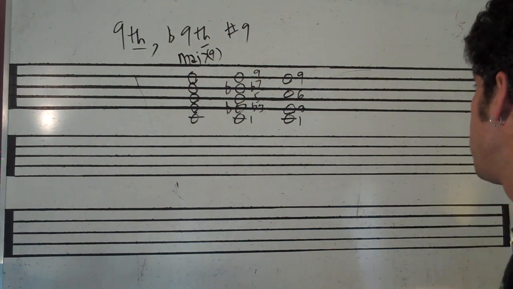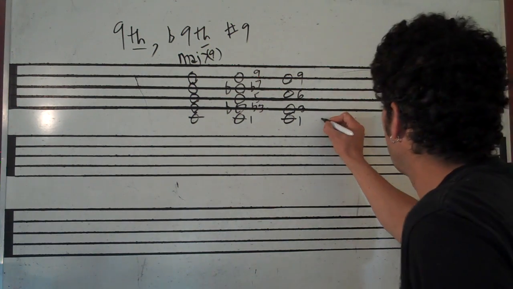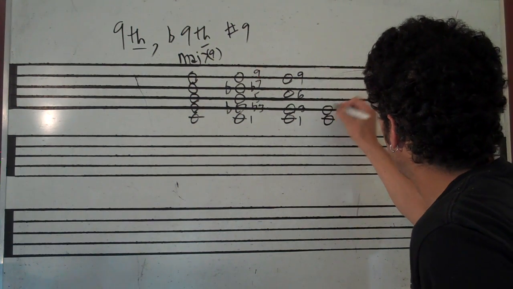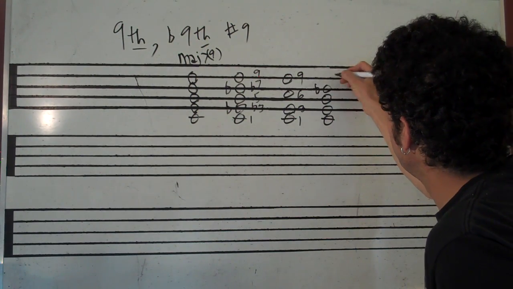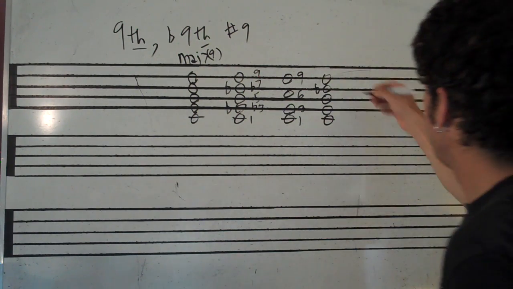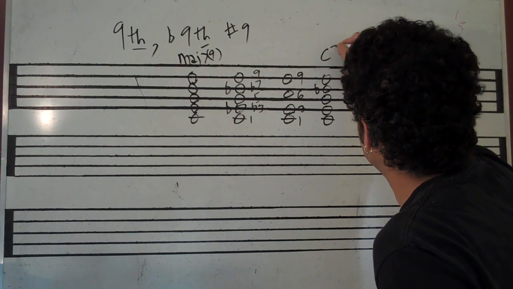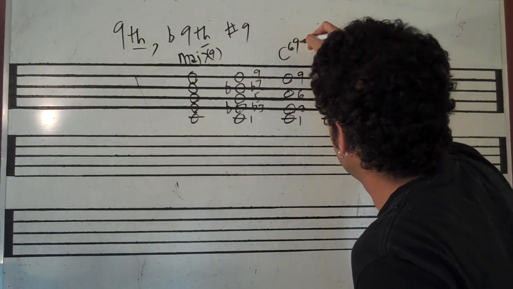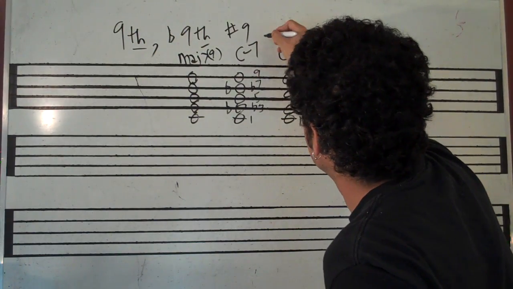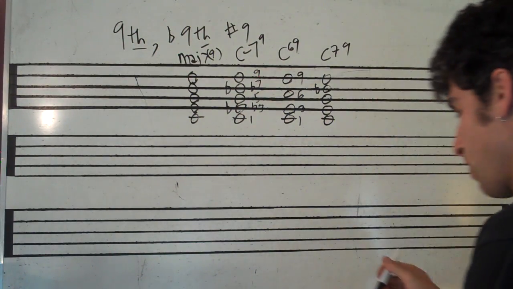And then sometimes you'll hear people play dominant with the 9. So you've got 1, 3, 5, flat 7, and 9. So this is C dominant 7 with the 9. This is C 6/9. This is C minor 7 with the 9. This is major 9. Okay.